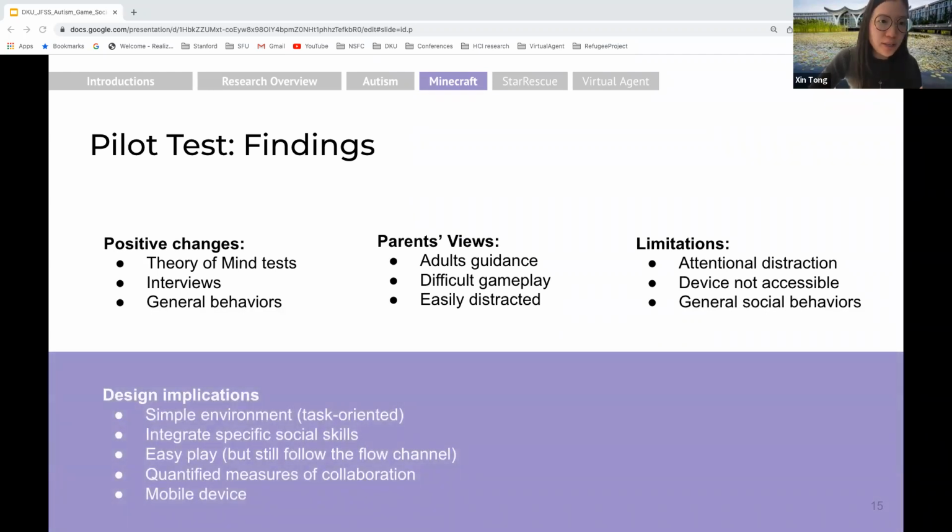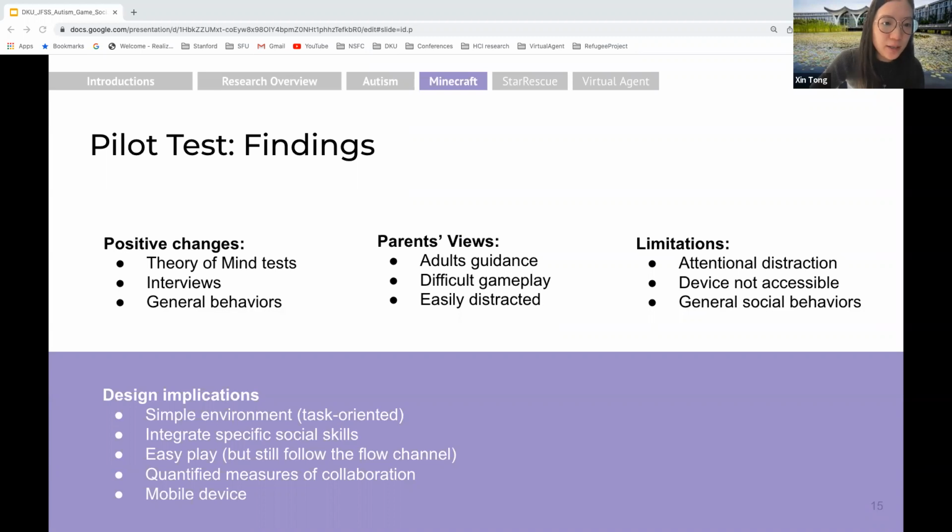We also drew some design implications. To be short, we concluded with design suggestions: develop a simple environment with more task-oriented directions for autistic children, integrate specific social skills, and give them an easy beginning to get started.